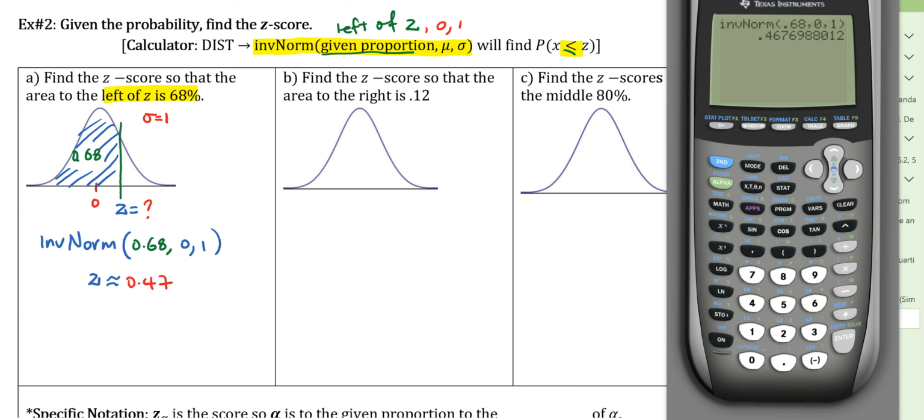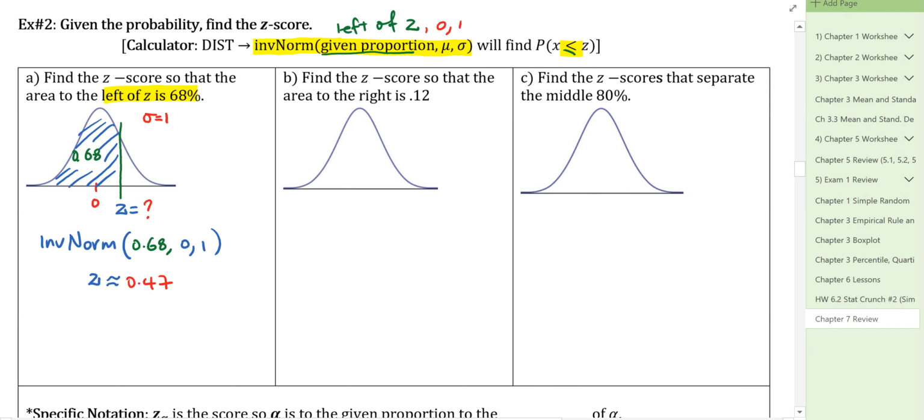Now let's do one more. B, find the z-score so that the area to the right is 0.12. Again, it's very important that you actually draw the normal curve and label it, so that you avoid any confusion about what you're trying to find. So let me draw it.